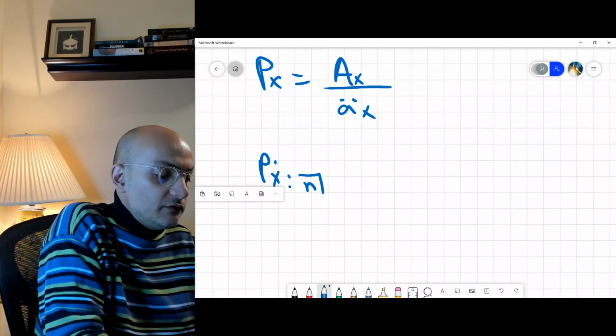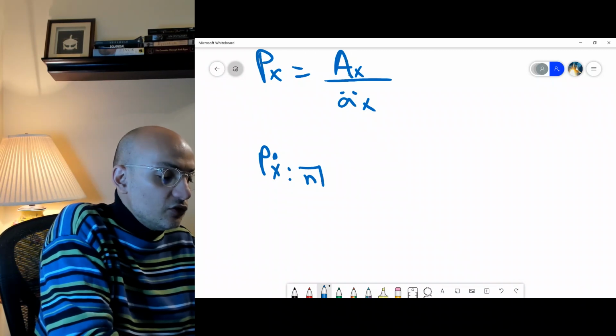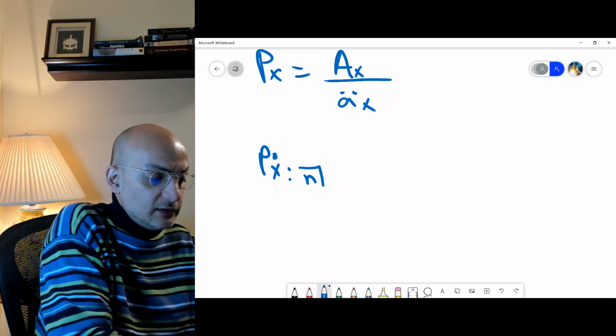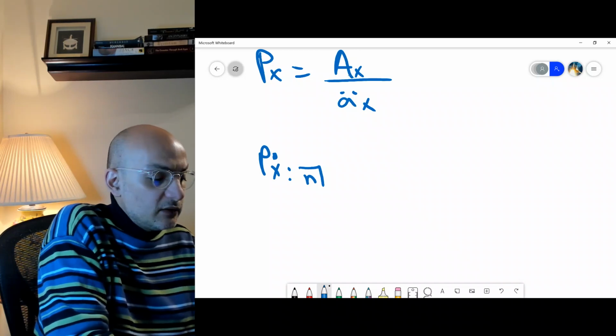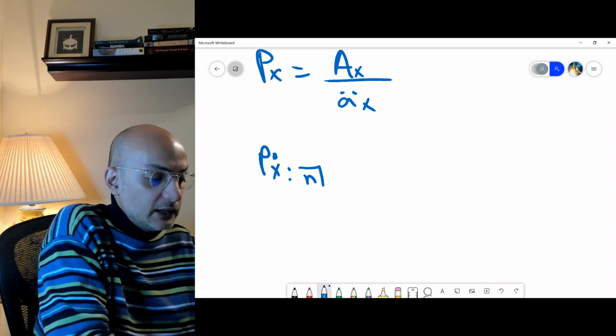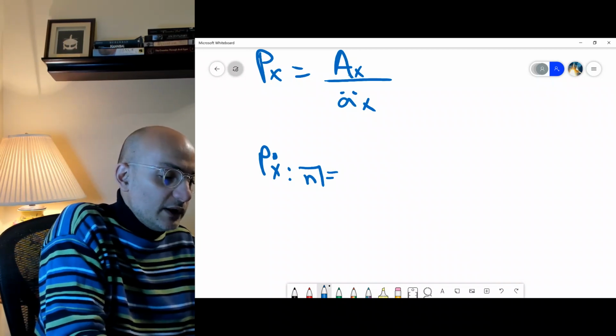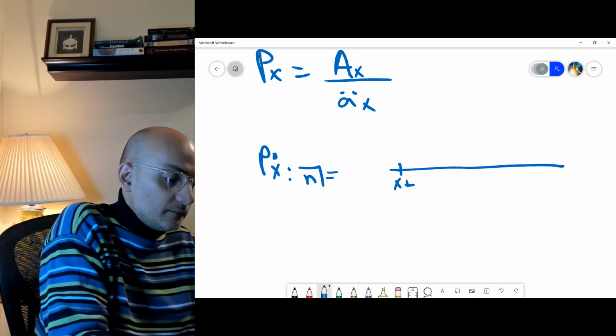Now, you might see it also this way. There is no bar over the capital P, so the premium is discrete. Second, we don't have the capital A with a bar, so the benefit is discrete. If you visualize this, this is x plus n.